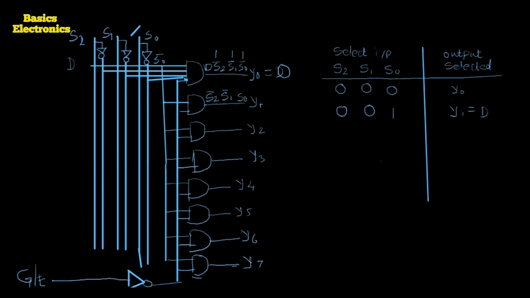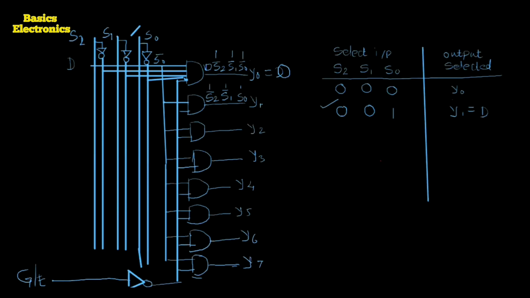Sorry, we apply the select input as 0, 0, 1. S2 equals 0 means S2 bar equals 1. S1 equals 0 means S1 bar equals 1, and S0 equals 1. And here the connection is the S0.